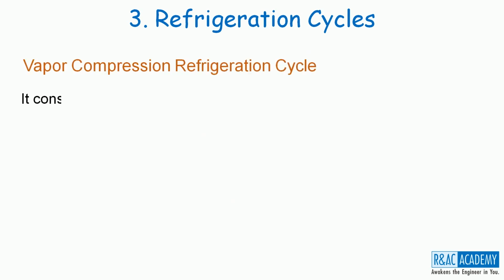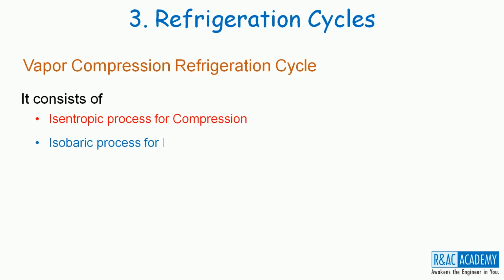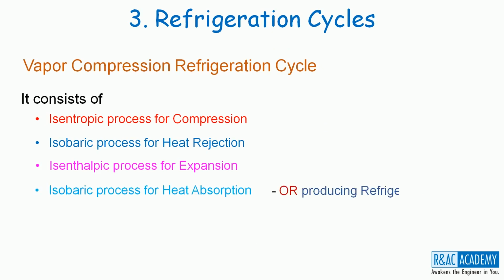It consists of an isentropic process for compression, an isobaric process for heat rejection, an isenthalpic process for expansion, and finally an isobaric process for heat absorption, or producing the refrigeration effect.